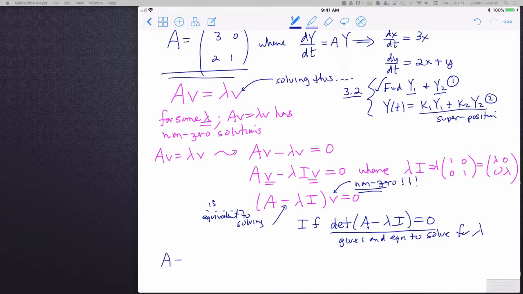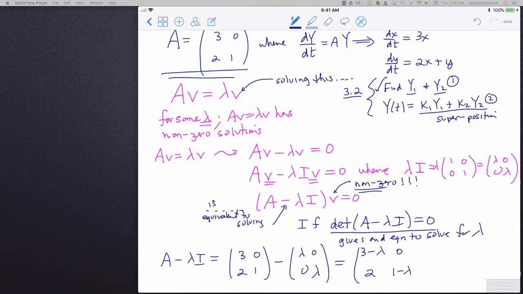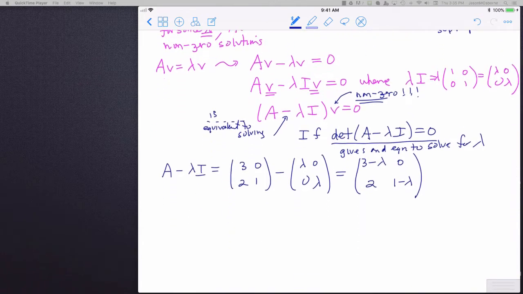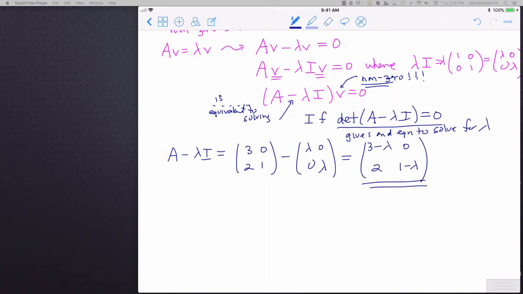So the problem becomes equivalent to finding the determinant of A minus λI, where A is 3, 0, 2, 1, that was given from the original problem, and you're going to subtract lambda on the diagonals to make a new matrix, 3 minus lambda, 0, 2, 1 minus lambda. And it's this new matrix right here that you need to compute the determinant of.